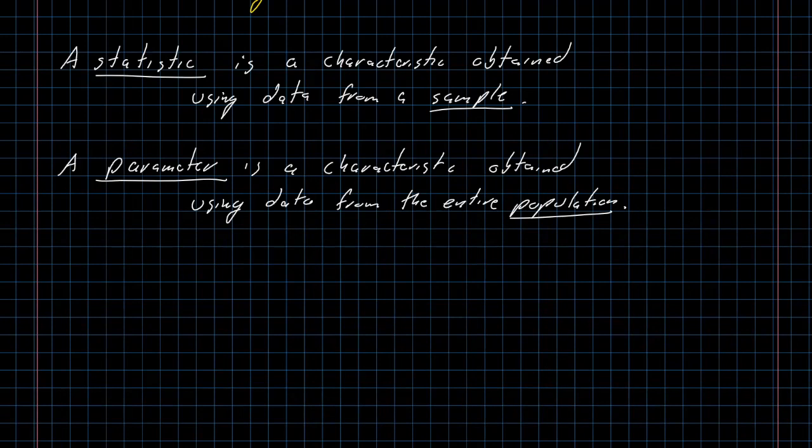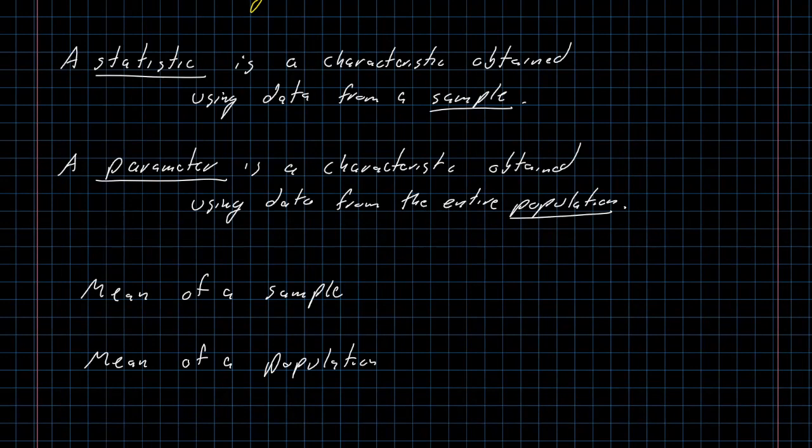When it comes to talking about the mean, this is important because statisticians use a different variable to describe the mean of a sample or the mean of a population.